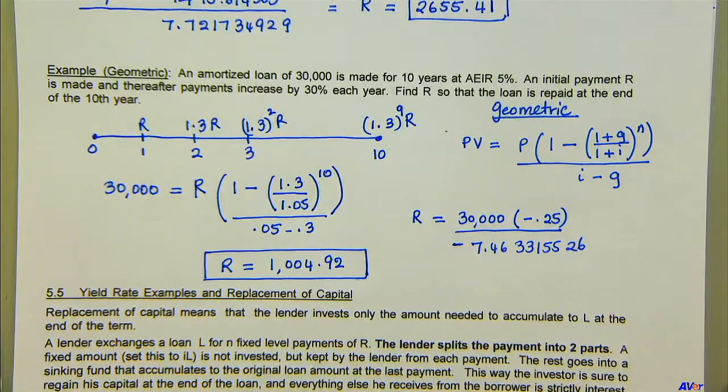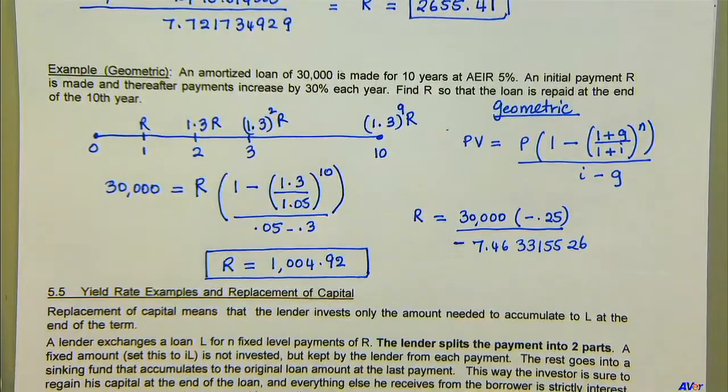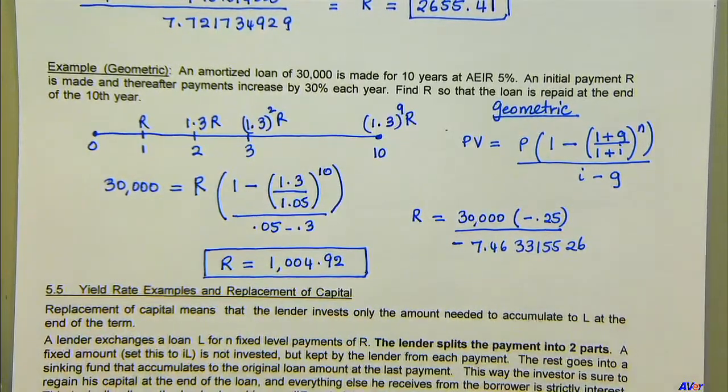Let's talk about replacement of capital. So what is this thing called replacement of capital? Look at what happens. I take a loan from the bank at some interest rate I, and the bank calculates what the monthly payment will be by going L equals some R, A angle N I, right? Are you following me?